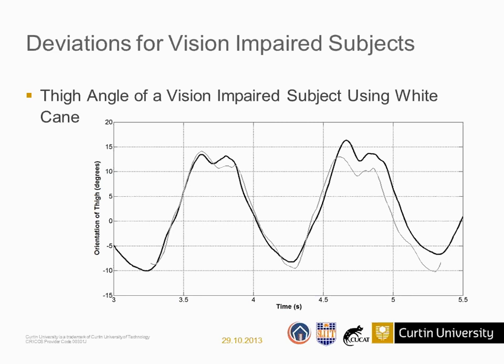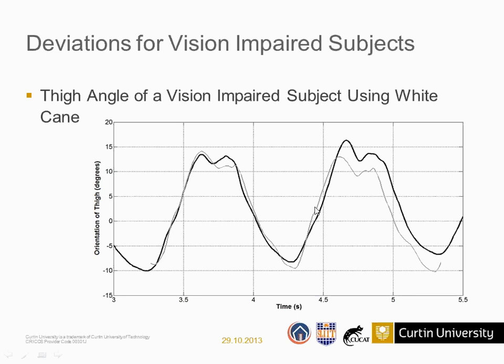And we captured data from vision impaired people as well, and this darker one is for the vision impaired person, and the light one is for the non-vision impaired person.